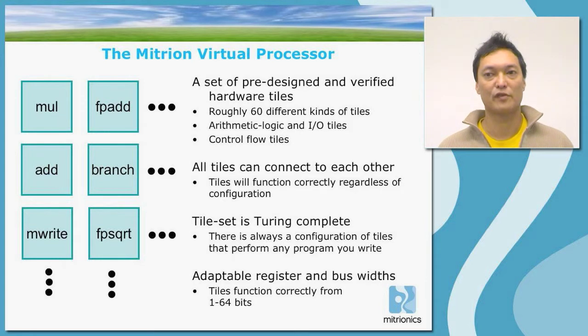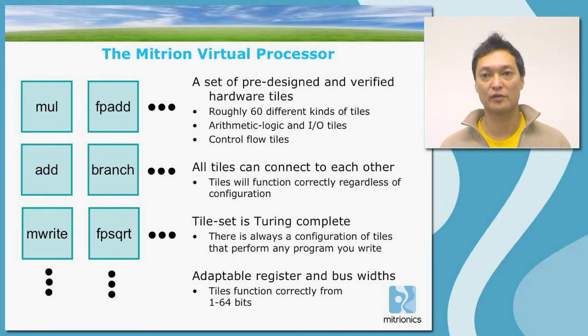There are roughly 60 different kinds of tiles, and each kind of tile will be able to do a different kind of operation. So some of the operations that the tiles do are, for example, arithmetic logic or I/O, and other kinds of tiles are control flow tiles, which are very important. We'll talk about that quite soon.